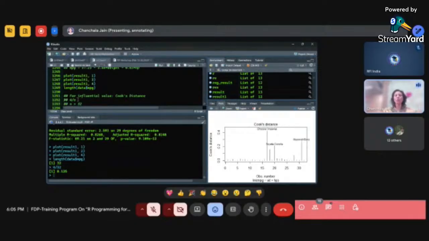We are having total 32 observations, 32 pairs of data in this particular data set, because I'm having 3 variables. Now you can find 4 by 32 I calculated here. So 4 by 32 has given me the value as 0.125.